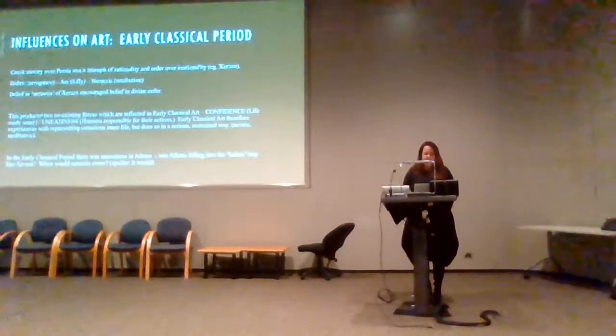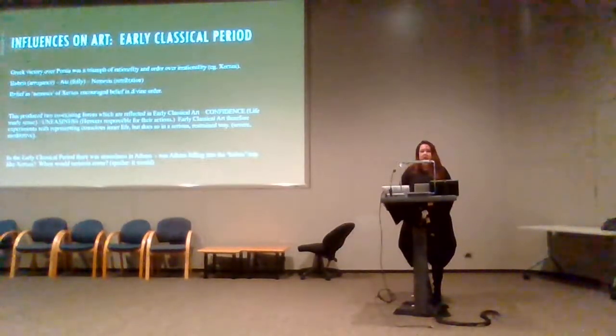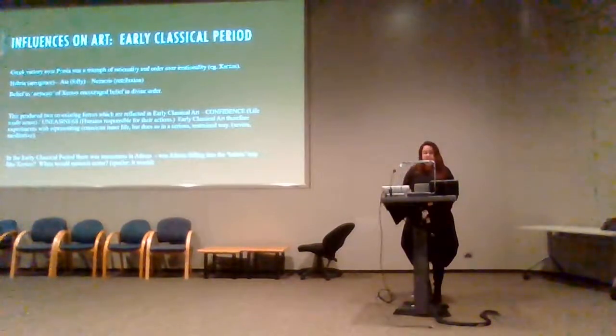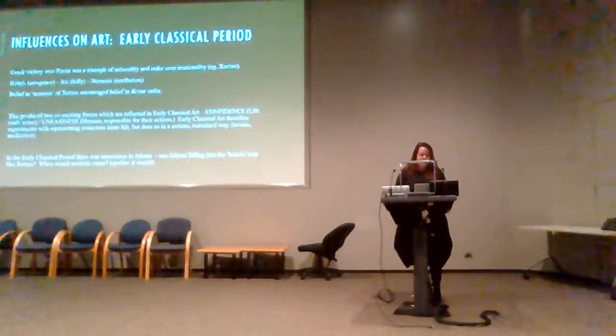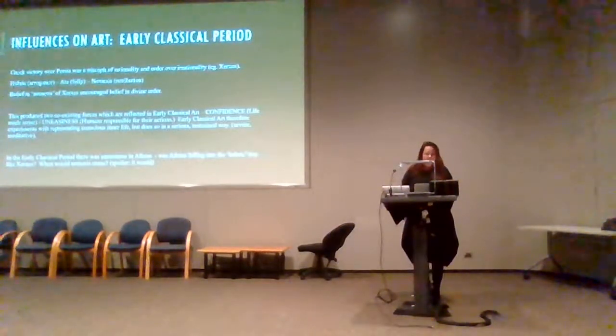And severe is often a word that is used to describe the sculpture from this period, the expression on the faces of the figures, because they're thinking about the world, but they're a little bit worried about their place in the world. And we know that their concerns were correct, that being too arrogant and too confident did not turn out well for the Athens of the 5th century and their loss in the Peloponnesian War later on in that century.